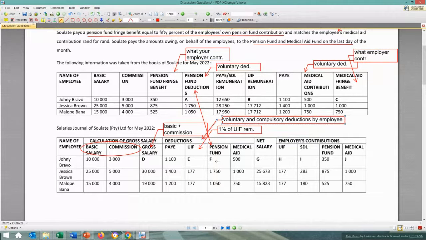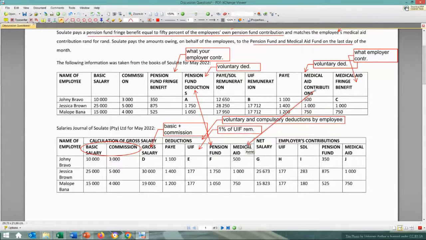Okay, now based on that information, which column here at the top would then be captured into the medical aid one? If we look at this, the medical aid contributions, we would have then transferred it to this medical aid column. So if you see the word contributions, that is the same as a deduction.